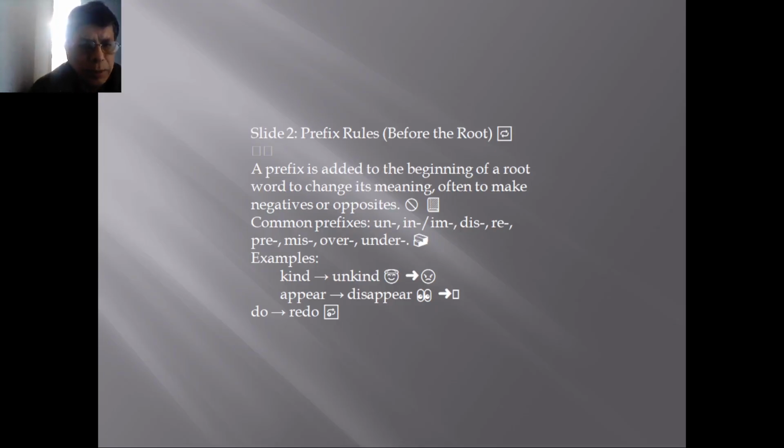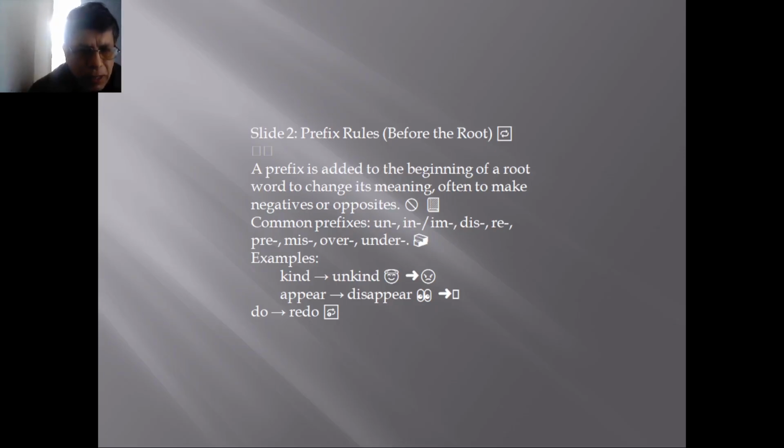Prefix rules. These are very easy rules I have compiled for you so that you can remember just by looking at it. A prefix is added to the beginning of a root word or main word to change its meaning, often to make negatives or opposites.